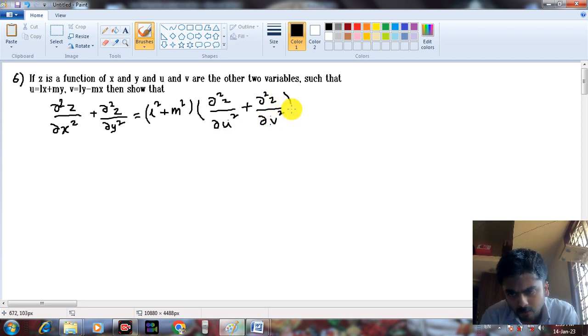So we have to prove that ∂²z/∂x² plus ∂²z/∂y² equals (l² plus m²) of (∂²z/∂u² plus ∂²z/∂v²). So here first we have to take what is u.